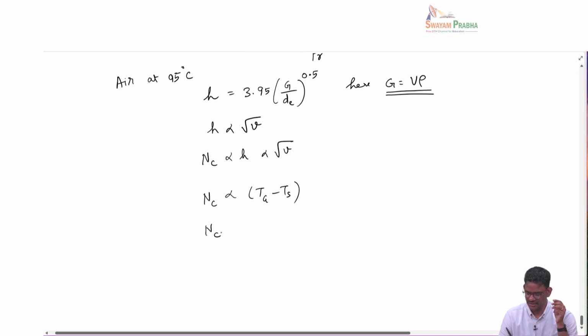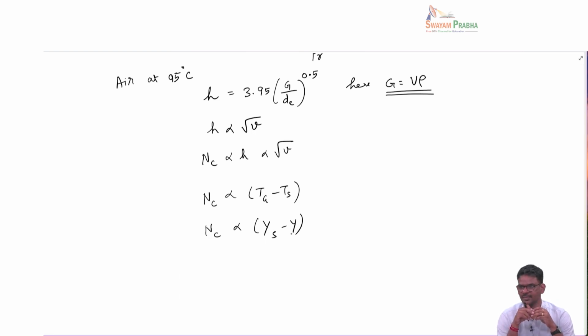Similarly, if I change the initial humidity, this is also proportional to the difference in the humidity. All this analysis helps us find out how the constant drying rate will scale when I change the drying conditions, if I know those values for one particular basis condition. That's the main use of these correlations.